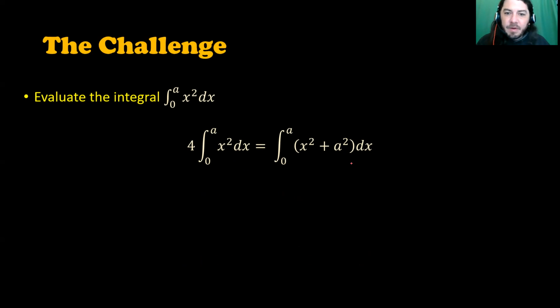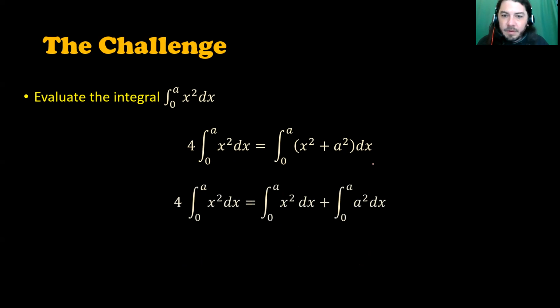Now we'll take this integral on the right and split it up into two integrals, right? So now we've got 4 times our original integral, our original integral just popped up again here. So 4 of our original integrals equals 1 of our original integrals plus whatever this thing is. Now, despite the way it may look, this a squared, we're integrating a constant for this rightmost integral.